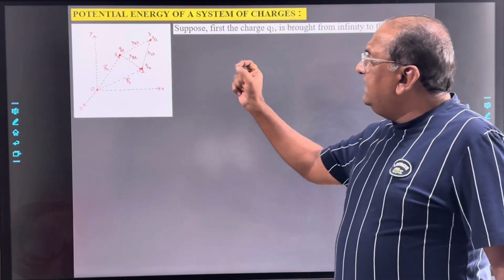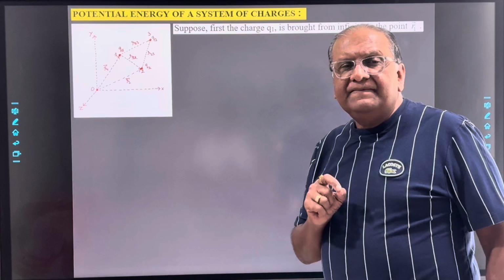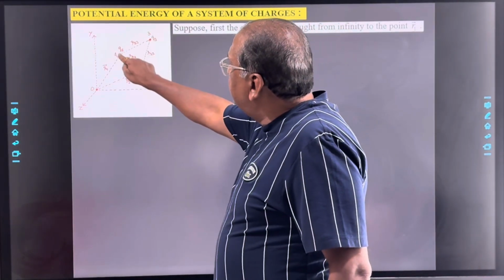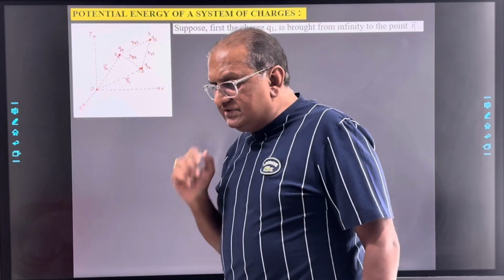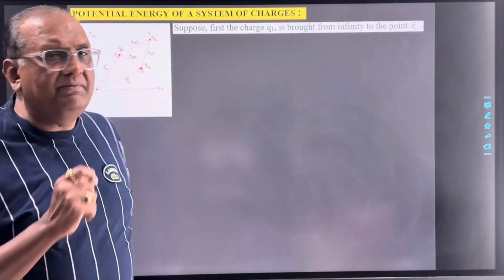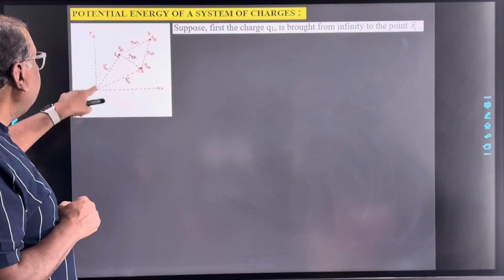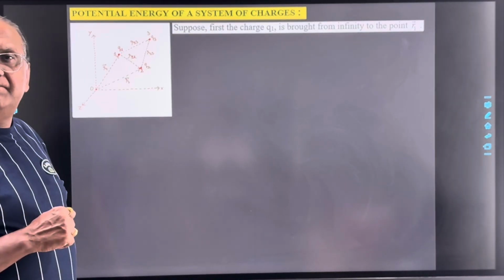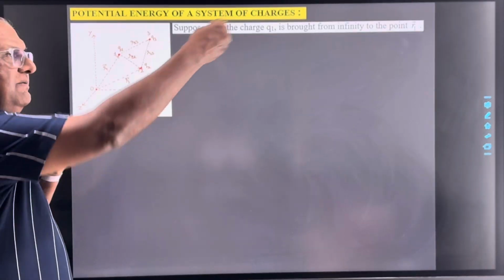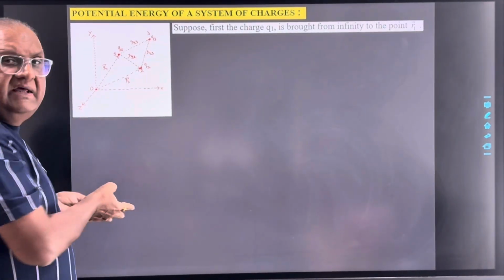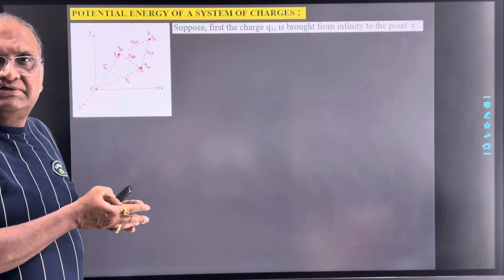So for this particular assembly, first we think about charge Q1. Suppose charge Q1 is brought from infinity to point 1 having position vector R1. But when we bring charge Q1, at that time there is no other charge.